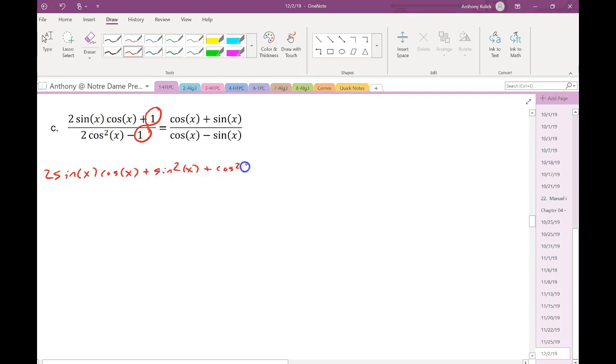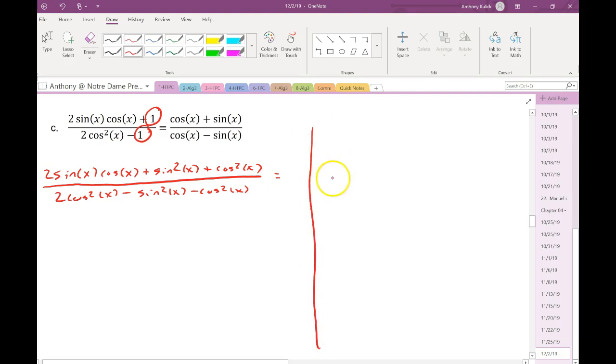It is one step, I know. Okay. I rewrote the 1s as sine squared plus cosine squared.